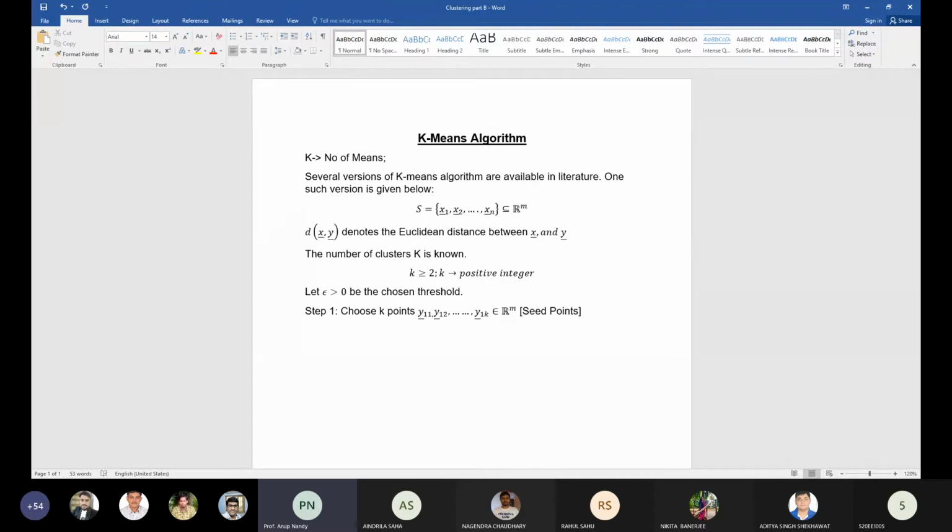Now step number 2. You need to form the clusters.